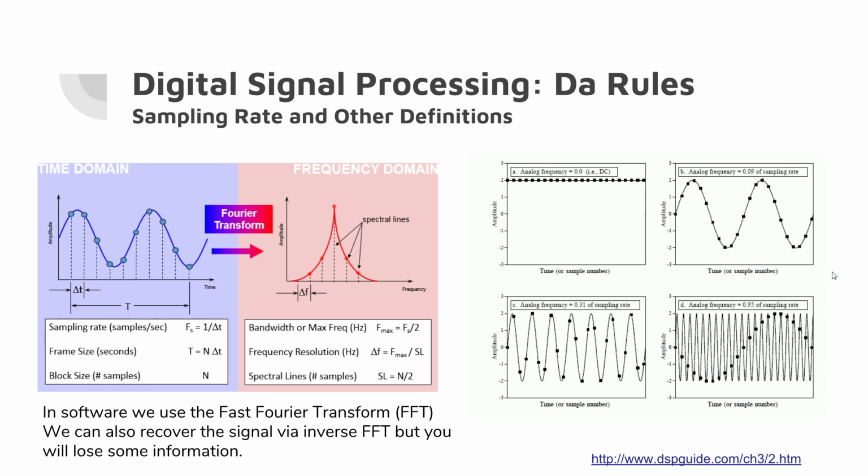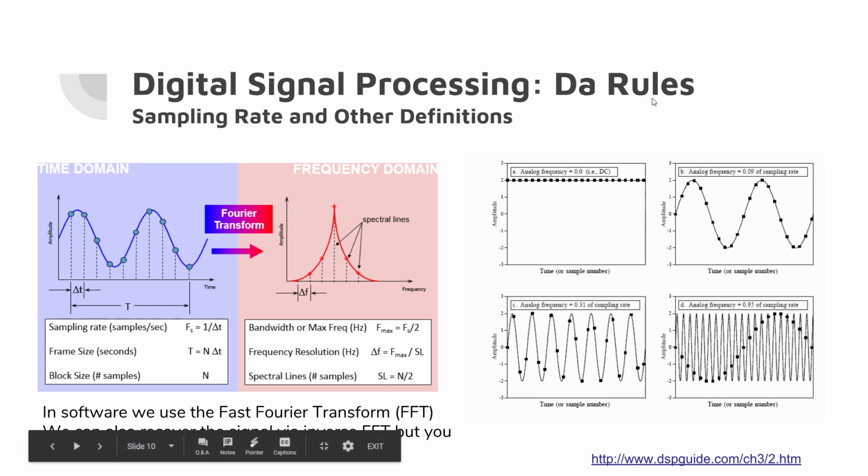This is an example here on the right. You can see that this here is being done at approximately 10 times the rate of the signal for the sampling rate. As a result, they are able to correctly recreate the signal from these samples. So this is why it's very important to consider the rate at which you are sampling and the signals that you are trying to look at, what frequencies they are at.